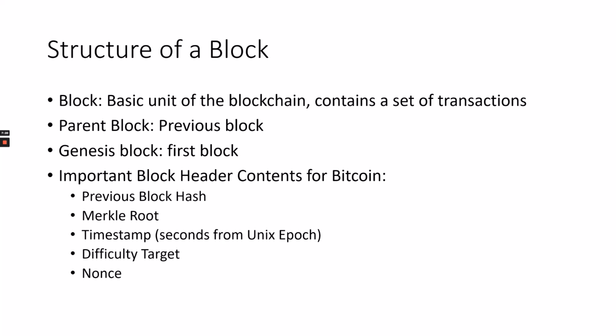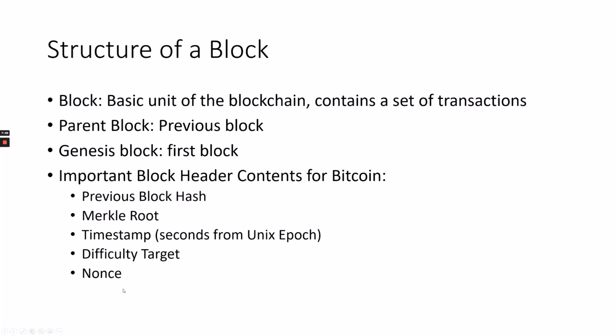What that would mean is these puzzles would be solved faster. So what the system does is it makes these puzzles harder and harder to solve, and it raises the difficulty to make sure that the time difference between blocks being generated is roughly constant.